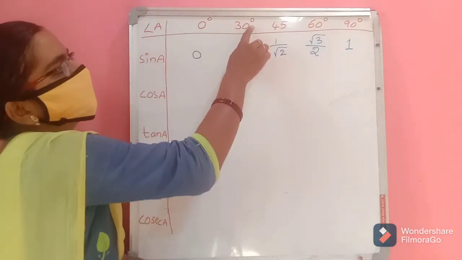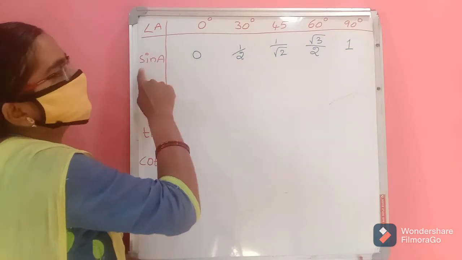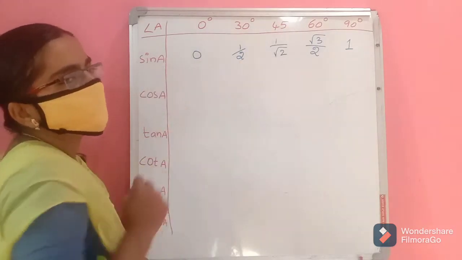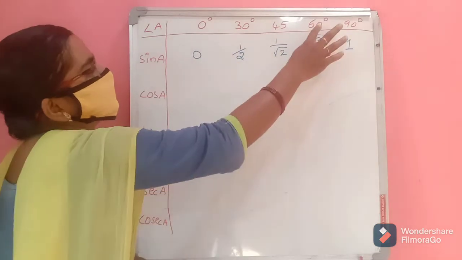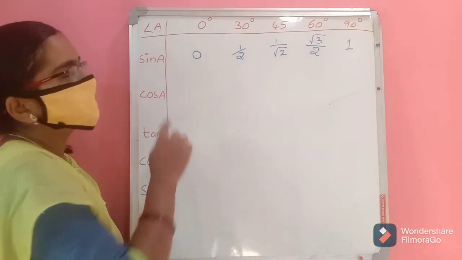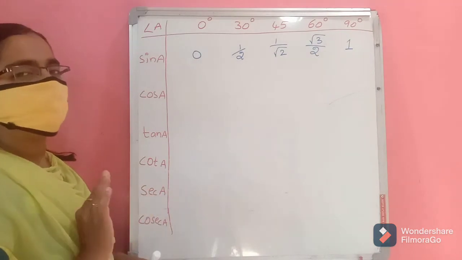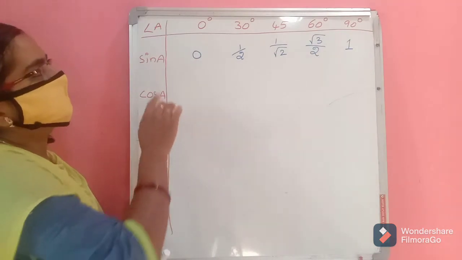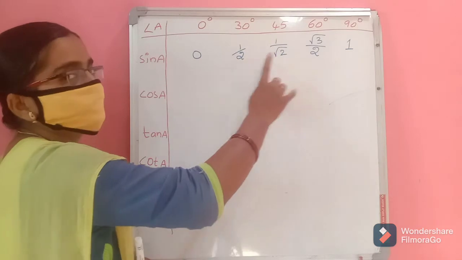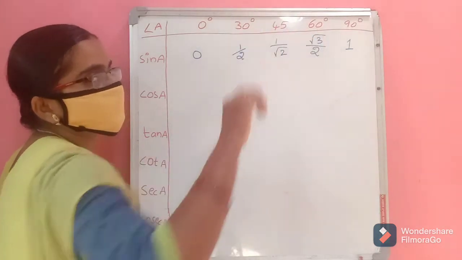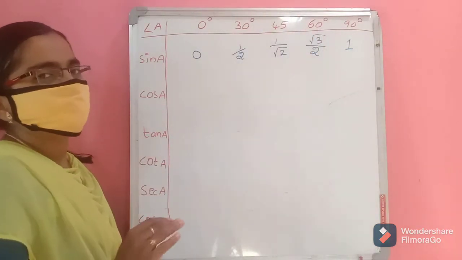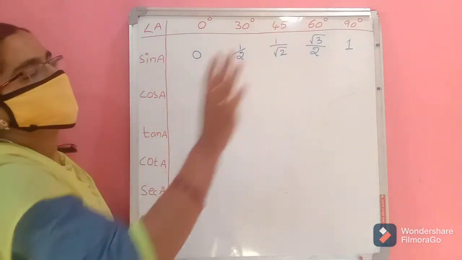Sin 30 is 1 by 2, sin 45 is 1 by root 2, sin 60 is root 3 by 2, sin 90 is 1. These values we have to memorize. Sin 0, 0, sin 30, 1 by 2, sin 45, 1 by root 2, sin 60, root 3 by 2, sin 90, 1.